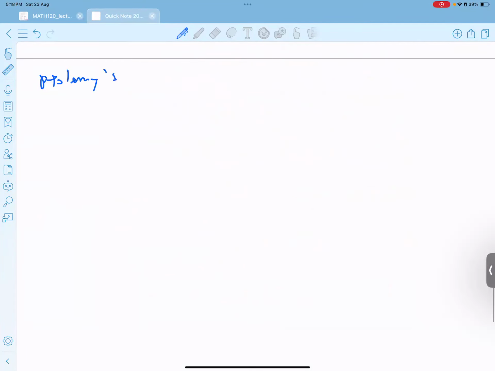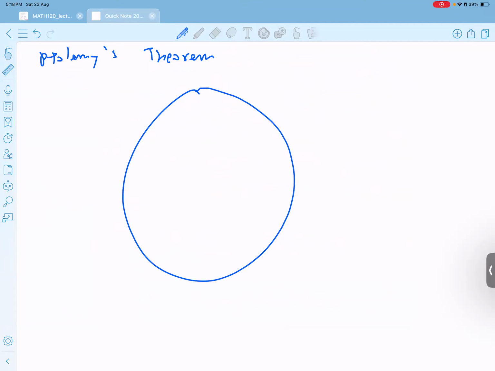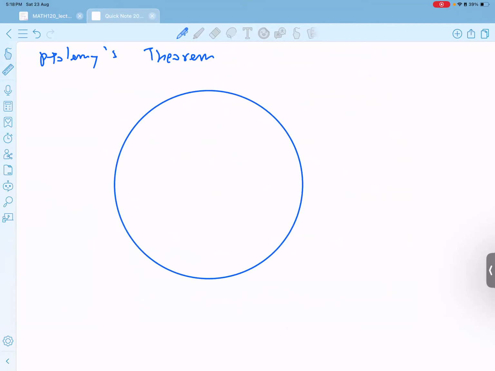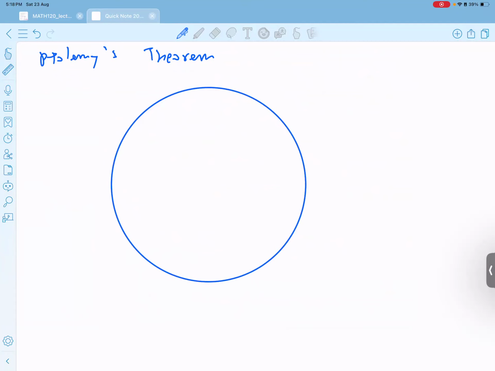This is one of the very first theorems I learned when I started geometry. So we have a circle, and we have a cyclic quadrilateral.